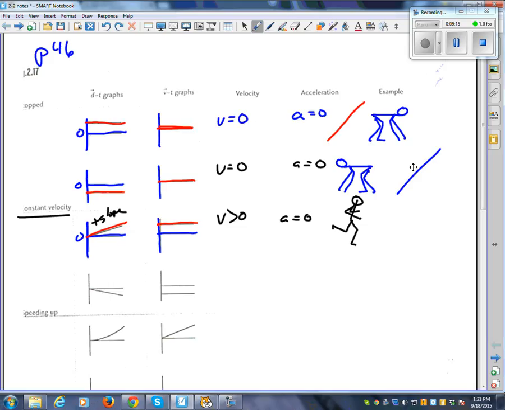Okay, constant velocity. This time here, we've got it like this. That's marked 0. Oh, I did that wrong. There's the graph axis. The graph itself is like this. Which just means moving at a constant velocity, but in the negative direction, right?